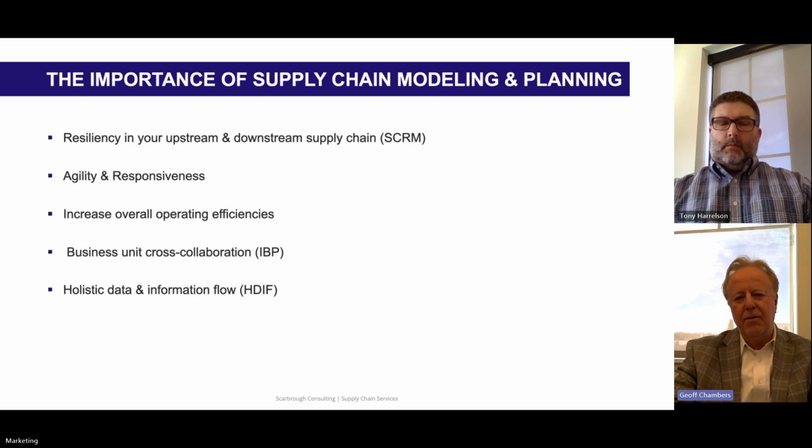Again, going back to cash and liquidity, being the actual product to be able to sell to their customers on the upstream side of the supply chain. So cash and liquidity were hit hard by everyone, but those that had some sort of resiliency in their upstream and downstream supply chain were far better off.